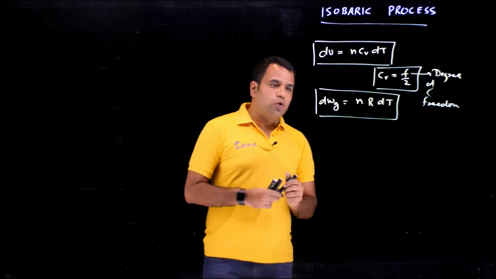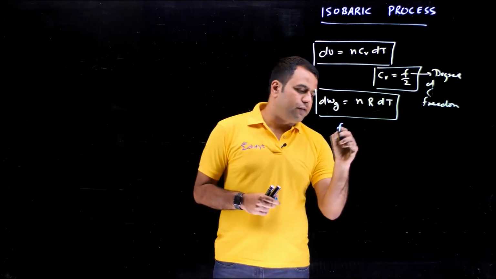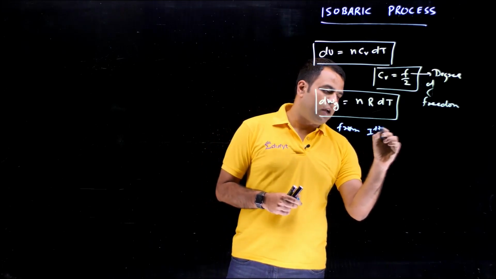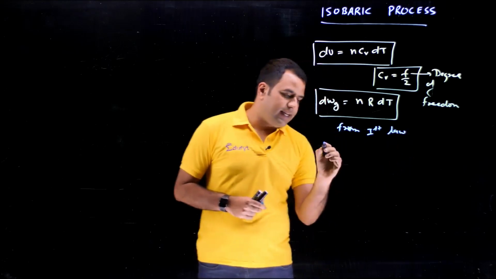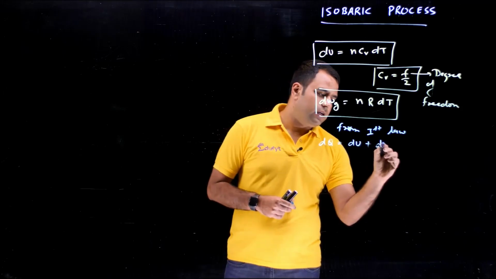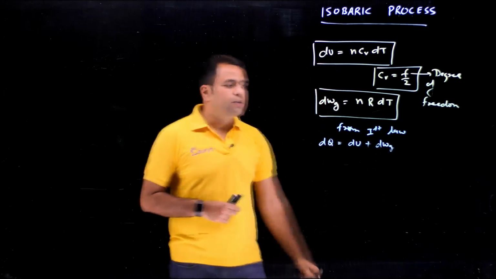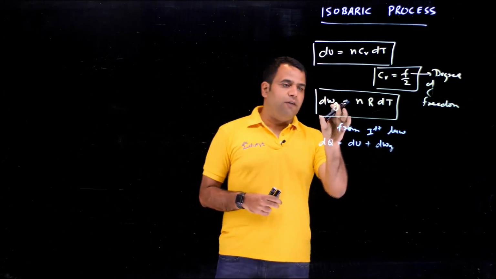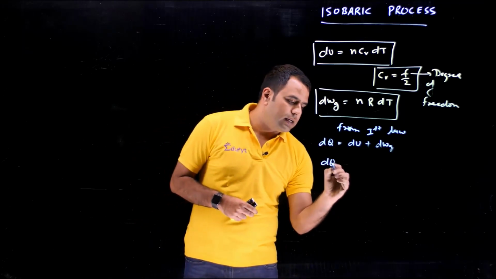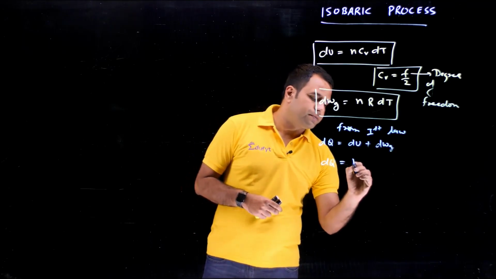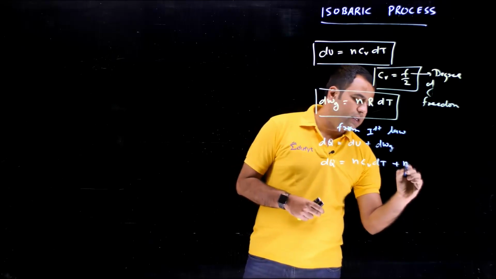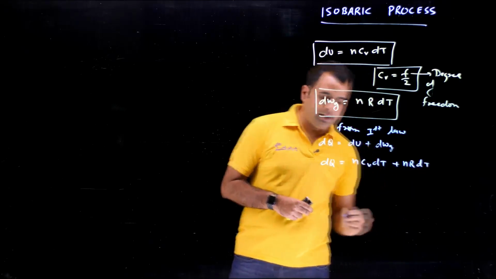Now, if you go by the first law of thermodynamics, which says dQ is equal to dU plus dW by gas, and you put the value of work done and the internal energy change into this formula, you will get dQ is equal to nCv dT plus nR dT.